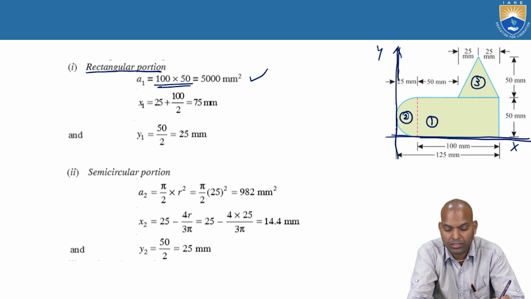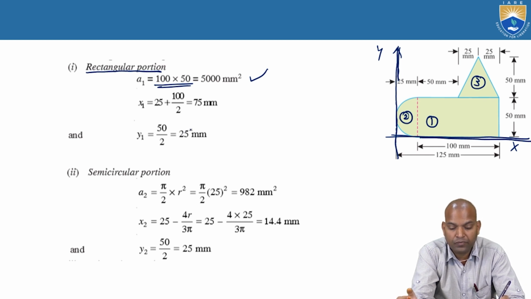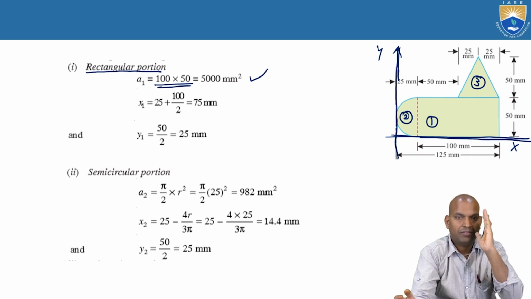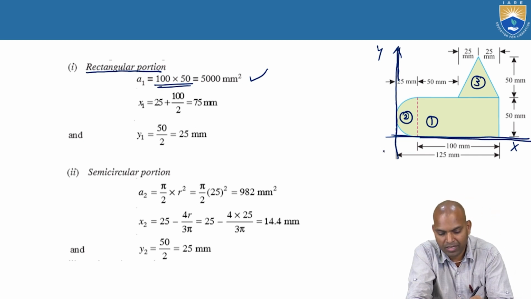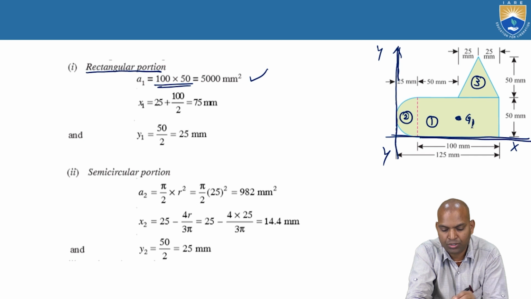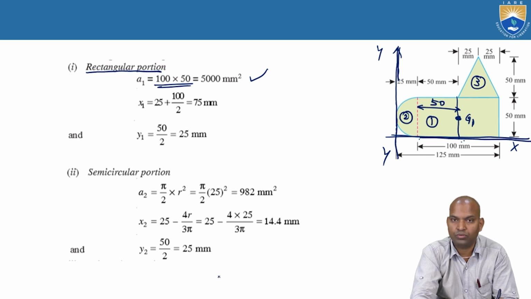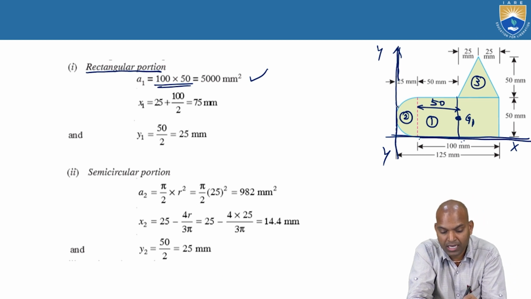What about x1? x1 is the horizontal distance from the vertical YY axis to the centroid G1 of the rectangle.